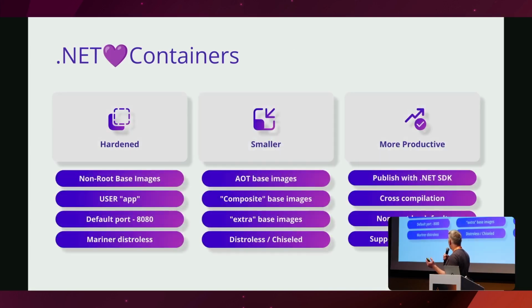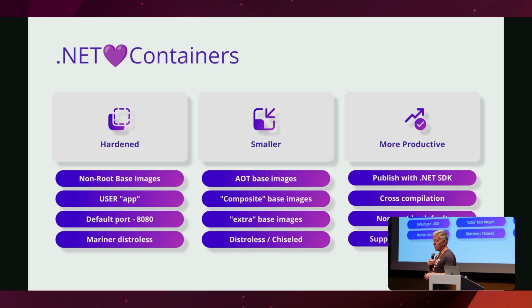So .NET works on both the client and the server, but these days we're super focused on the cloud. You might know that Microsoft happens to own a cloud, so that's part of our motivation there. So I'll just focus on 2 things from this slide. We added a non-root user to all of our container images, to our entire fleet.